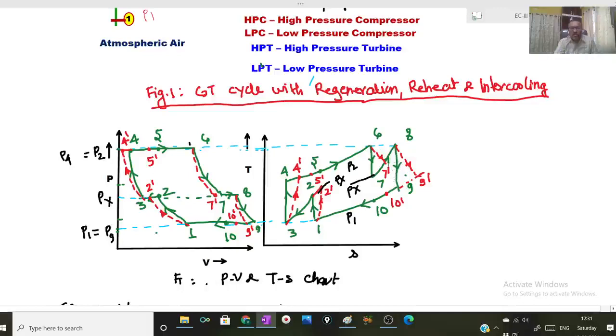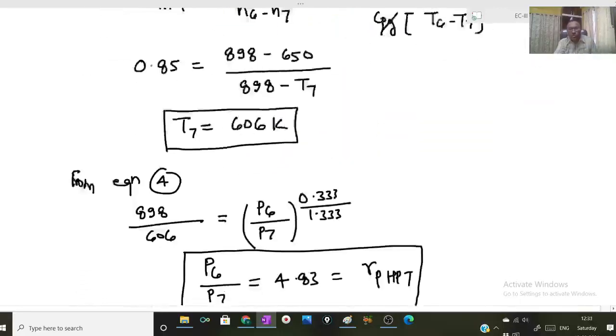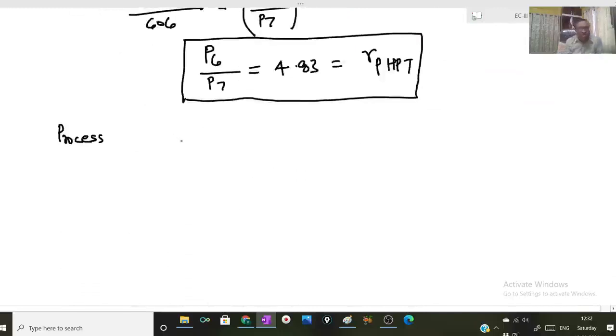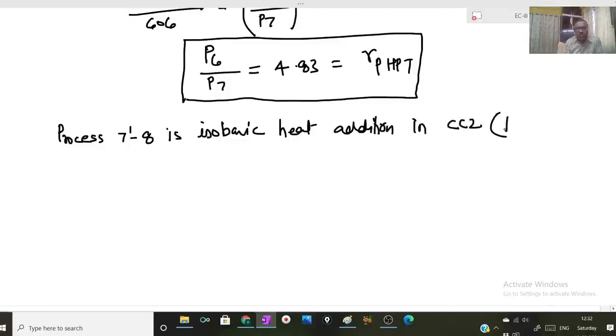So here also heat is supplied in the combustion chamber. So process 7-8 is isobaric heat addition in combustion chamber 2 or reheater.